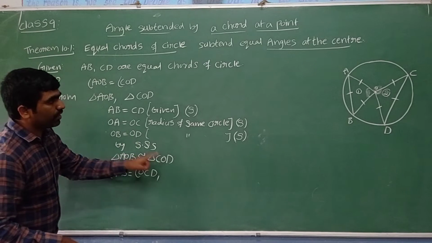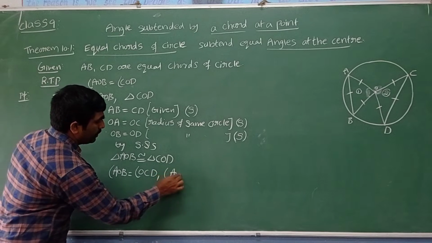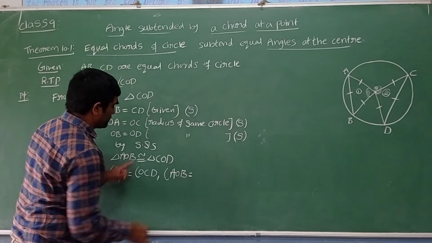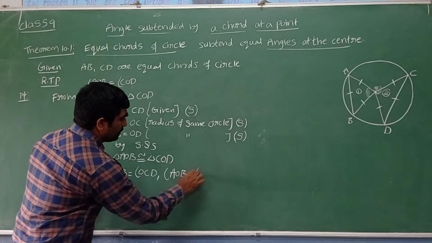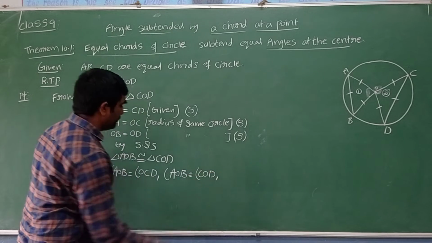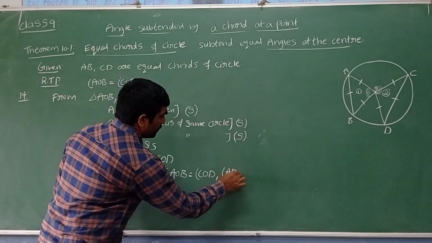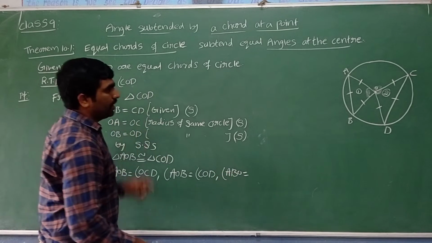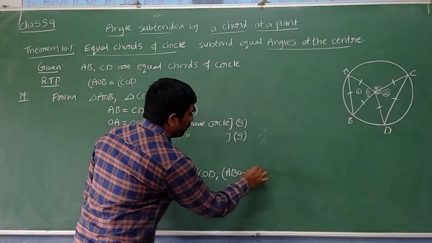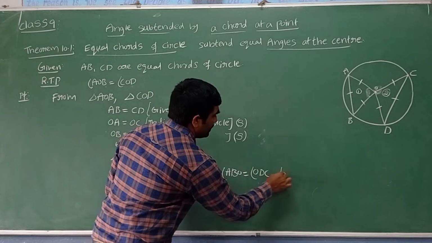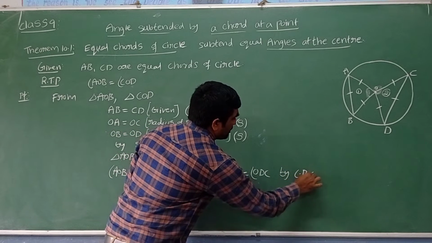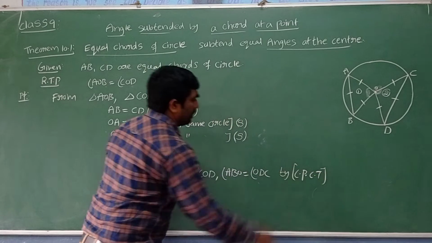Angle O is equal to angle O: angle AOB in the first triangle, angle COD in the second triangle. B in the first triangle, angle ABO, is equal to D in the second triangle, angle ODC. The reason is by corresponding parts of congruent triangles.